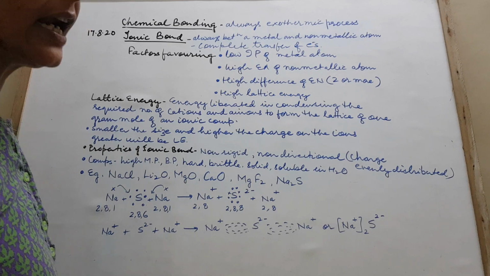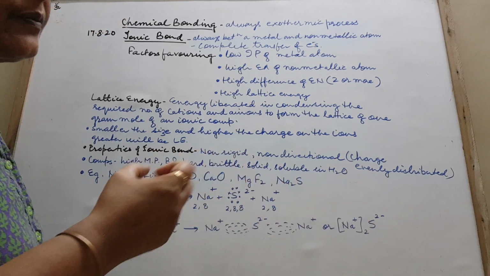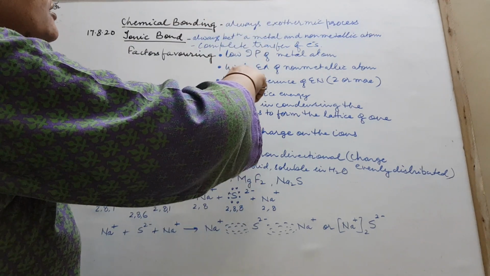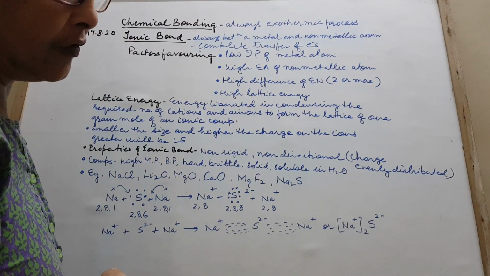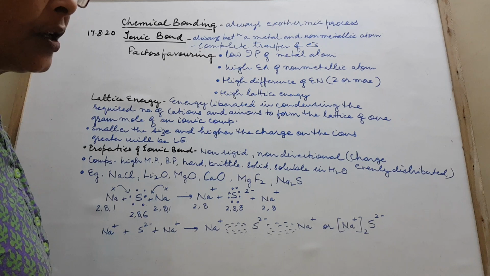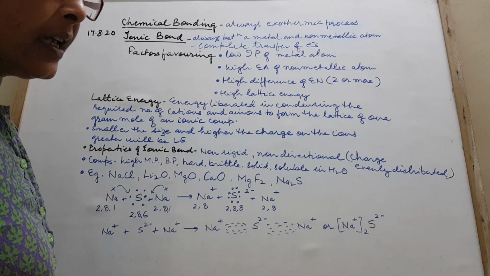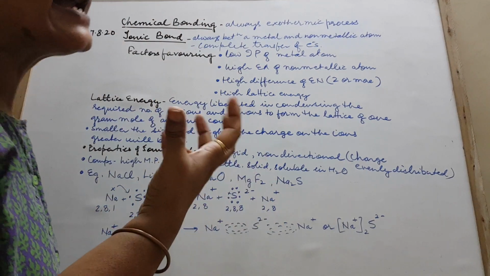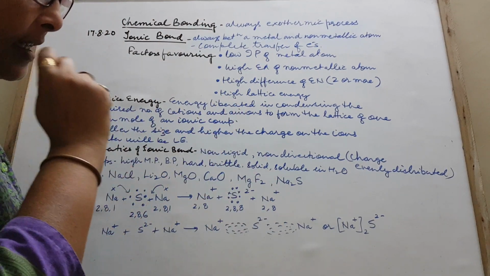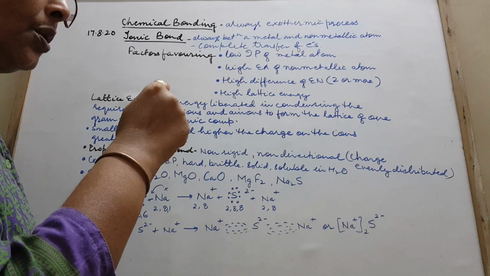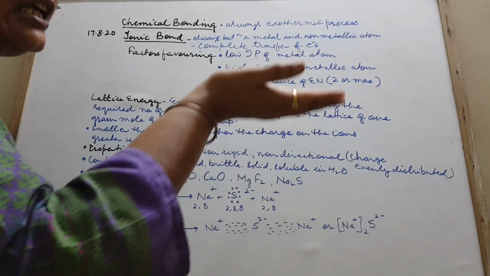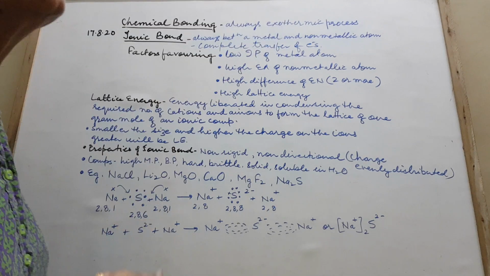The non-metallic atom should be easily accepting electrons so that a good amount of energy is released and we say high EA for the non-metallic atom. So the metal atom should have low IP and the non-metallic atom should have high EA. Good amount of energy should be released.